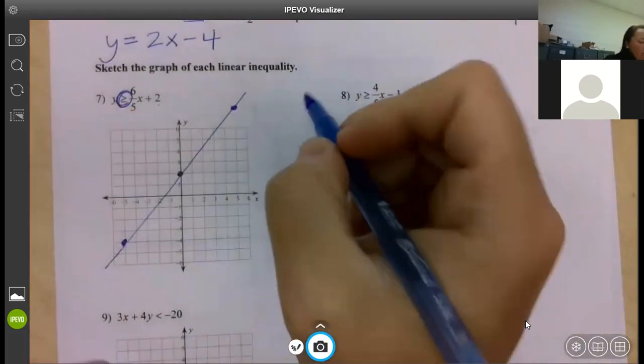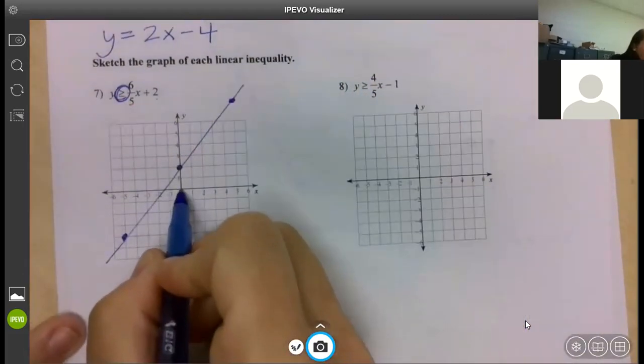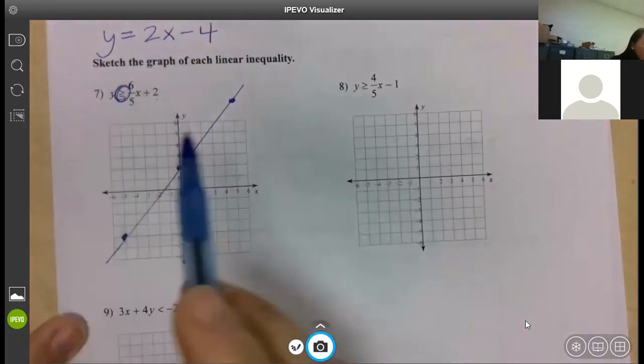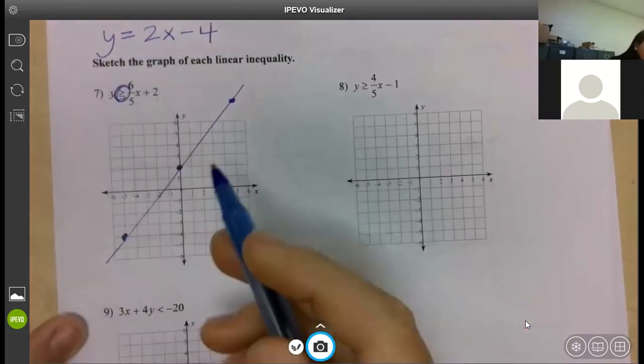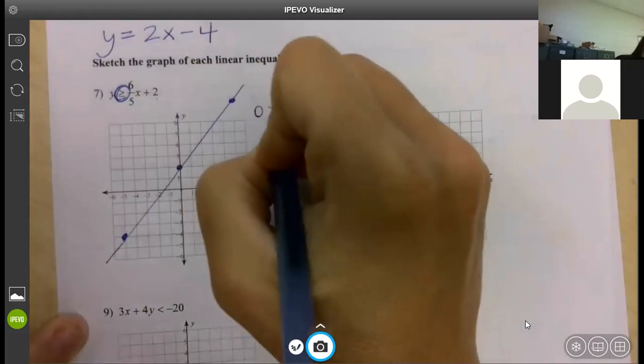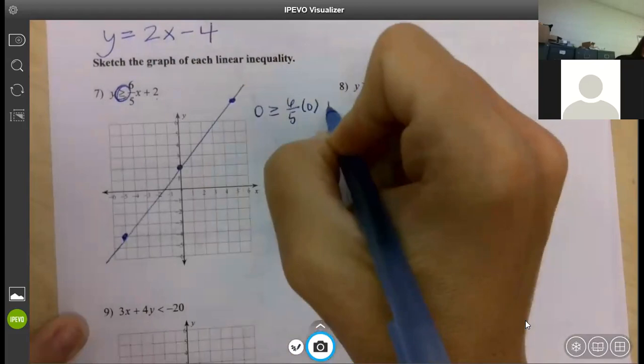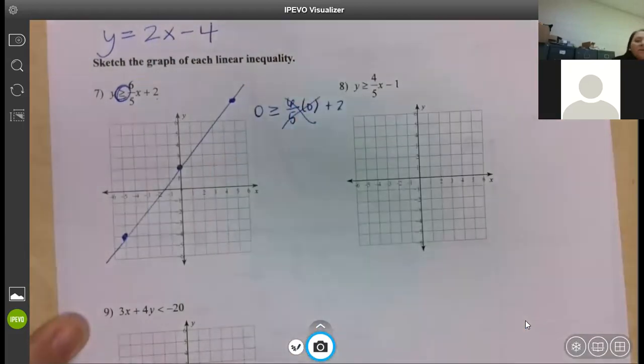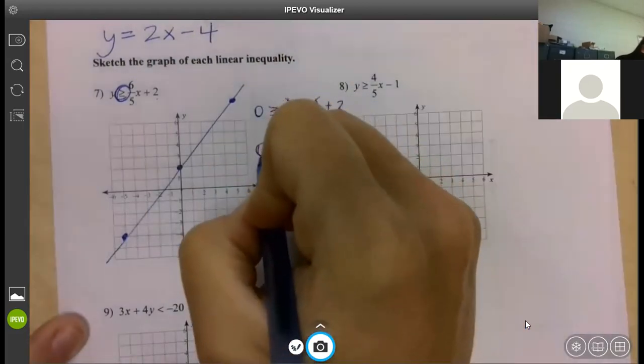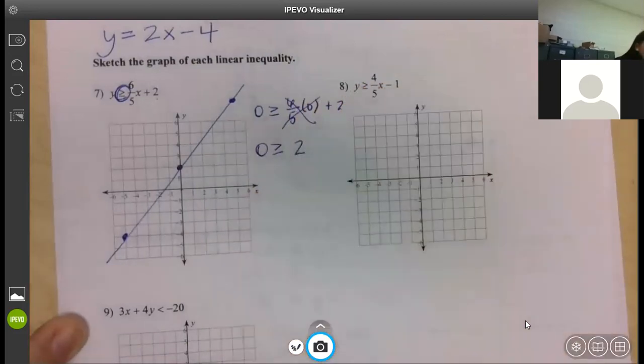Greater than, remember we plug in a point, we can plug in 0, 0. You can also do this in Desmos. So if you're having to do it by hand, this is how you do it by hand. We get 0 is greater than or equal to 6/5 times 0 plus 2. 6/5 times 0 is 0. So we get greater than or equal to 2.